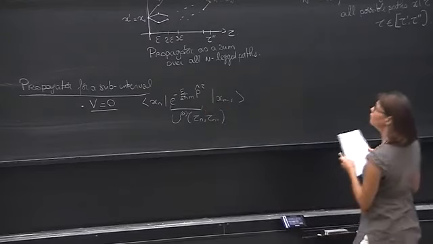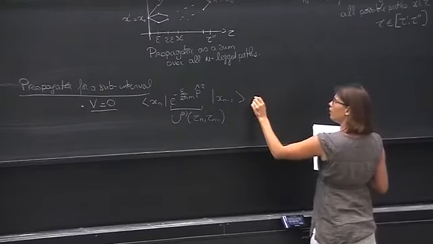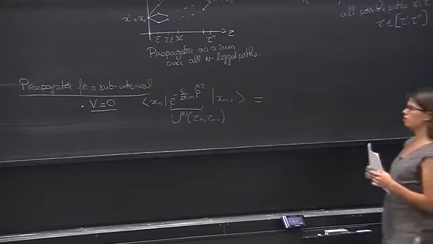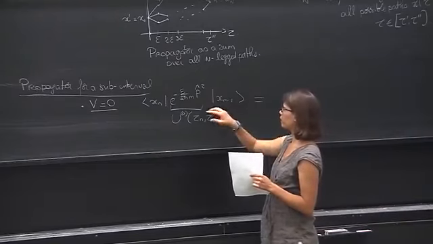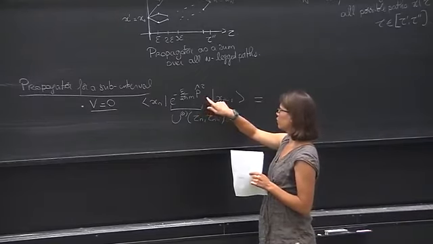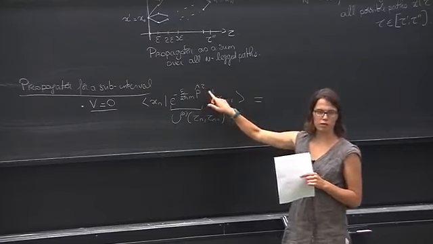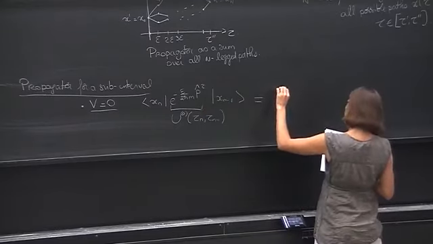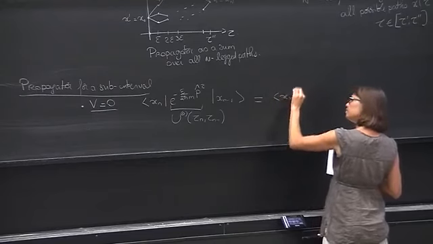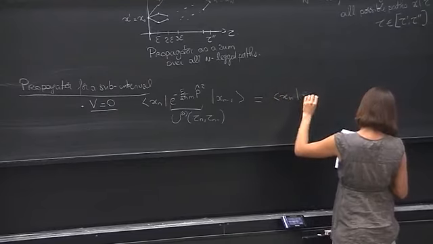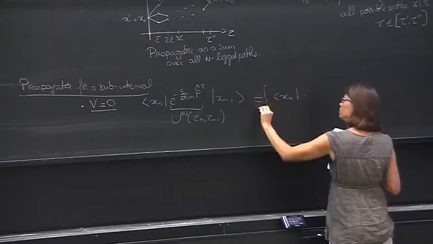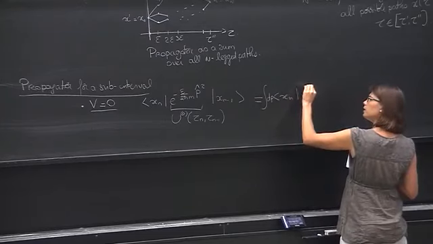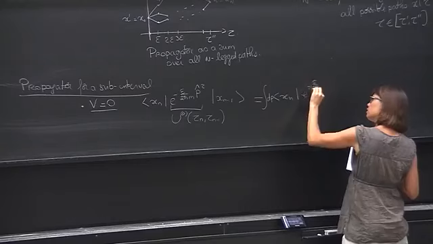Now I'm going to use what we have seen yesterday, meaning I'm going to insert a resolution of identity, but now using the P eigenvectors. And so this can be written now as, minus epsilon.